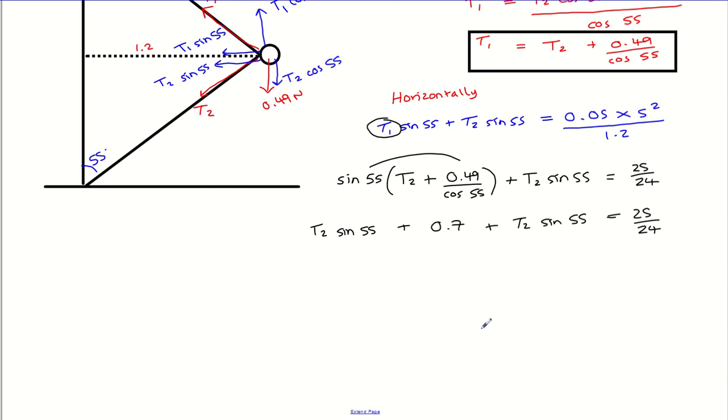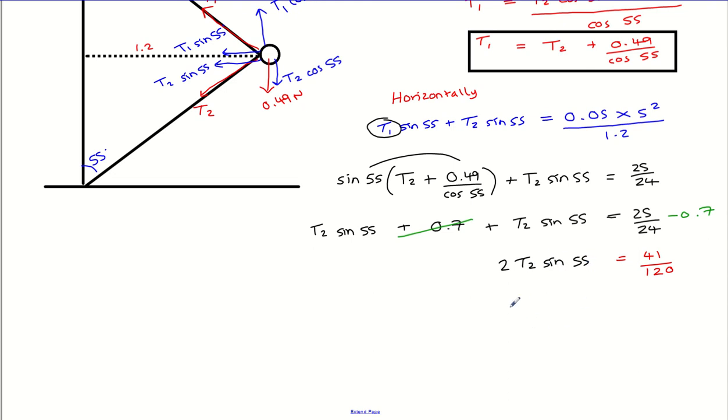It's just sort of working your algebra through now. If we take away the 0.7, okay, calculator would do most of the work here. As a fraction it's 41 over 120. I didn't bother converting to a decimal because I knew it would be horrible. And then on the right now, we've got T2 sine 55 plus another T2 sine 55, so that's 2 T2 sine 55.